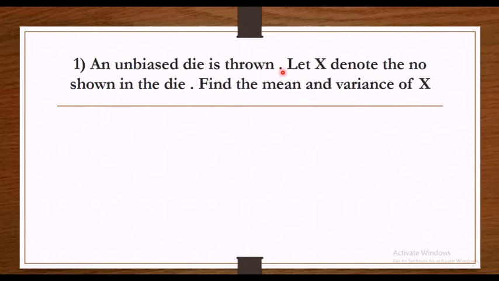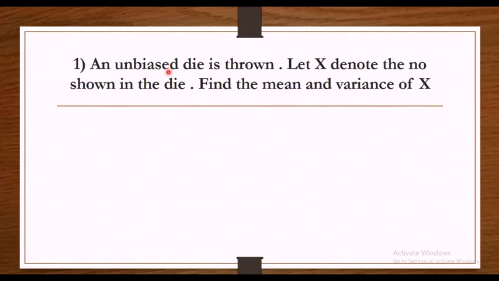Please note it down: S is equal to 1, 2, 3, 4, 5, 6. What are the values that X can take? X can take 1, X can take 2, and so on. So this is the primary information that we get from the question.